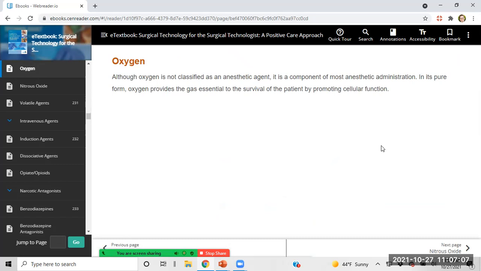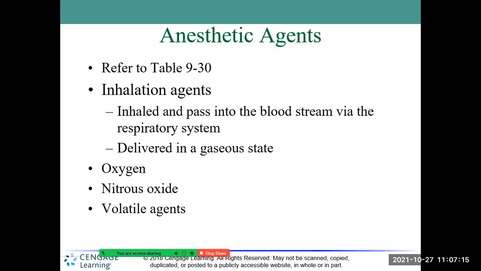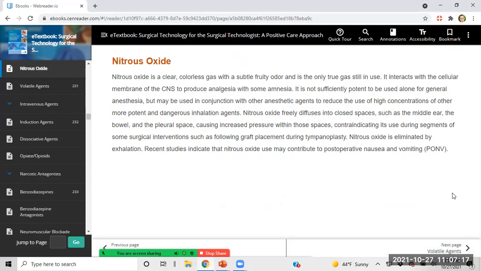It is not necessarily an anesthetic agent, but is going to be provided through that ventilation system where the airway is being managed. And then we talked about nitrous oxide, how it is used, and it's the only true gas. But as I said, it helps carry things through, and it also helps provide both anesthesia and pain relief.